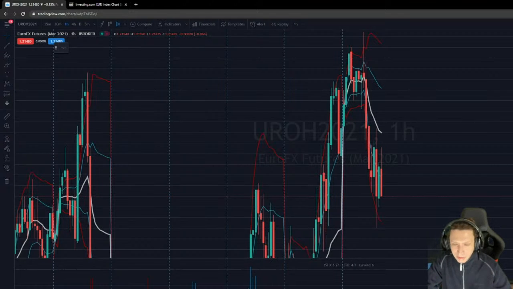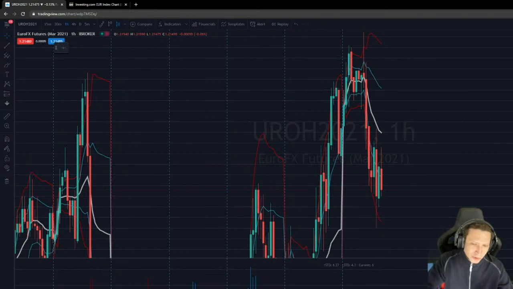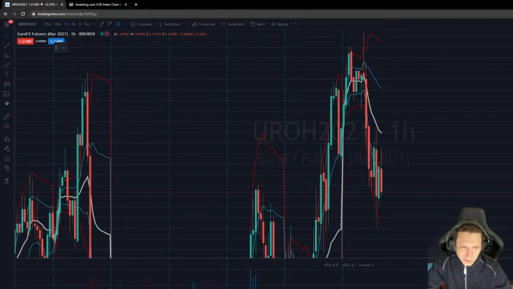So you're looking at euro pound, and the euro pound is going down. It might be that the pound is stronger, or that the euro is weaker, or not. We don't know that. So one way to figure out if the euro is really strong is to look at a basket of currencies against the euro.